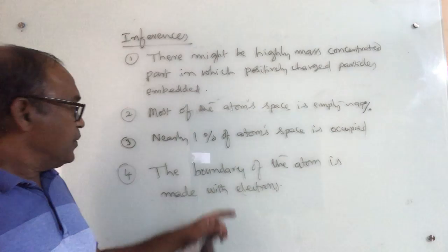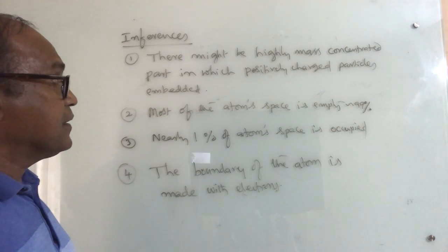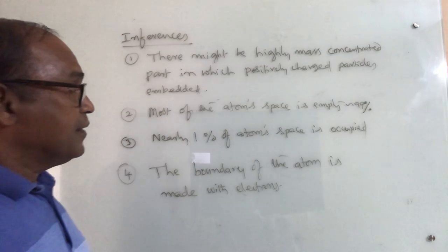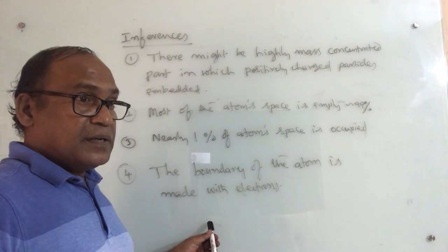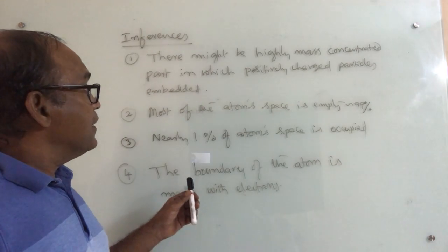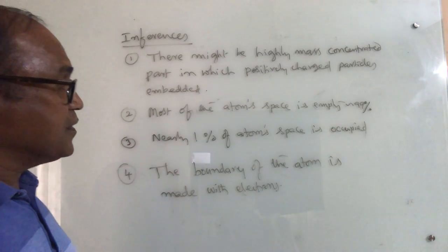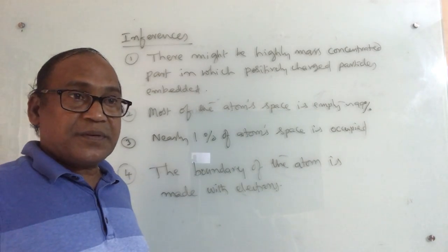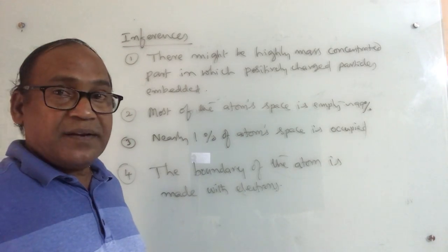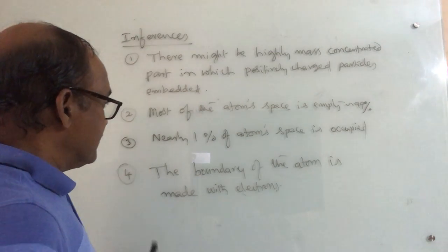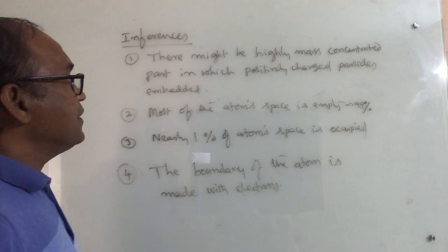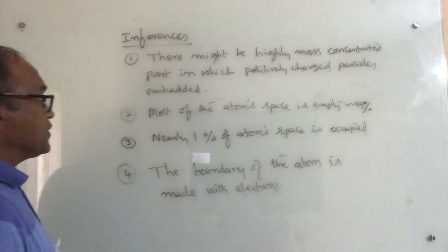How do we come to conclude with the fourth inference that the atom is neutral, and electrons which are present along with the protons definitely cannot explain the boundary? So electrons are not part of the positively charged particles portion.